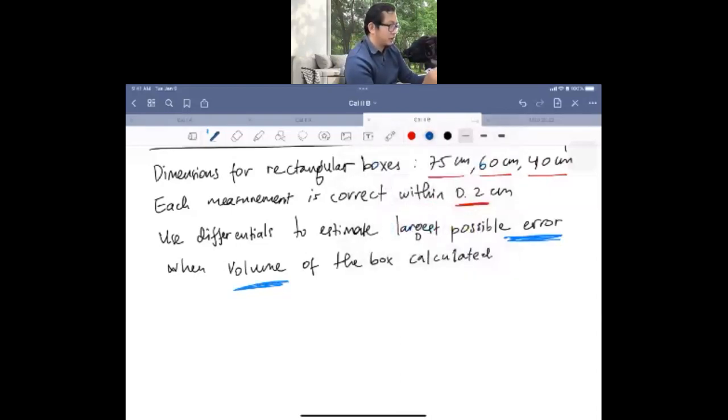We start with the volume. We have three sizes, so three variables, say x, y, and z.